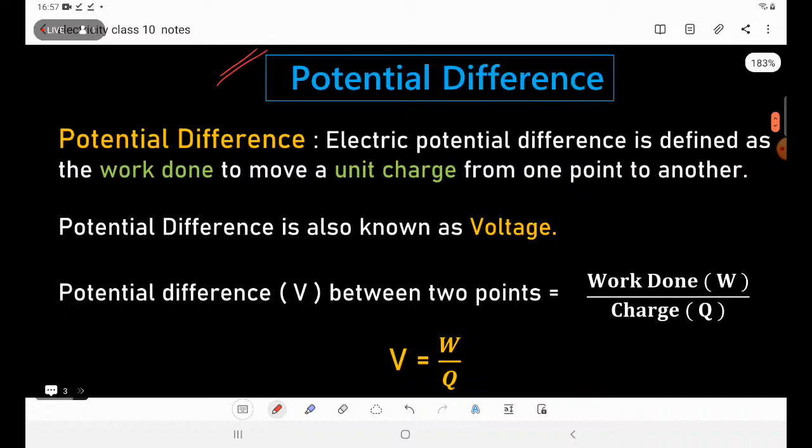Next, the topic is potential difference. Easy one. Potential difference is nothing but the work done in moving a charge from infinity to a point. Let us take the point as A. The work done to carry a particular charge from one place to another is the potential difference.